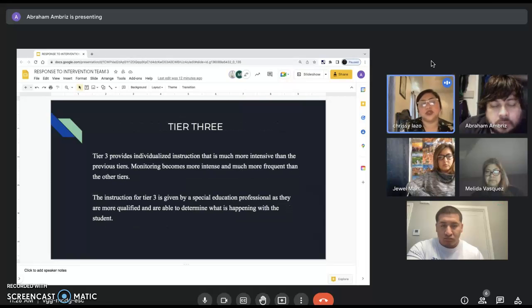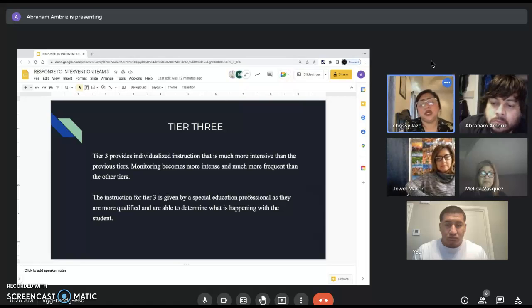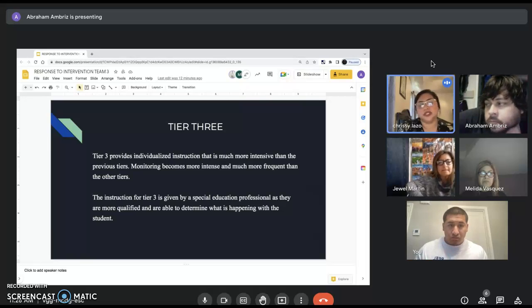Tier 3 provides instruction that is much more intense than the previous tiers. The monitoring is constant, not just frequent. It's a lot more one-on-one, and it is given by a qualified special education professional, because at this point, if no progress is made, the student unfortunately does need special education services.